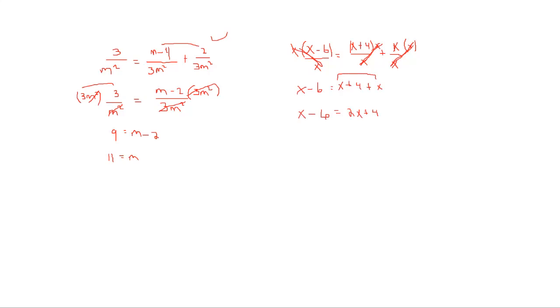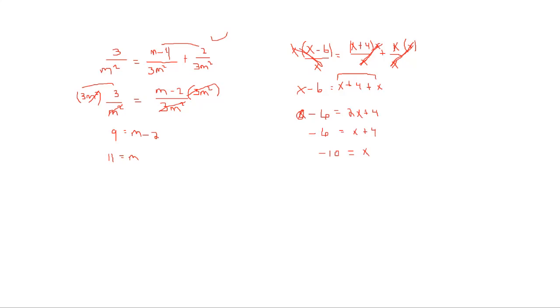If I subtract an x from both sides, that will leave me a negative 6 on that side, and if I subtract an x from 2x, that's going to leave me x plus 4. And then if I subtract 4 from both sides, that will leave me x is equal to negative 10. So there's the solution for the second one.